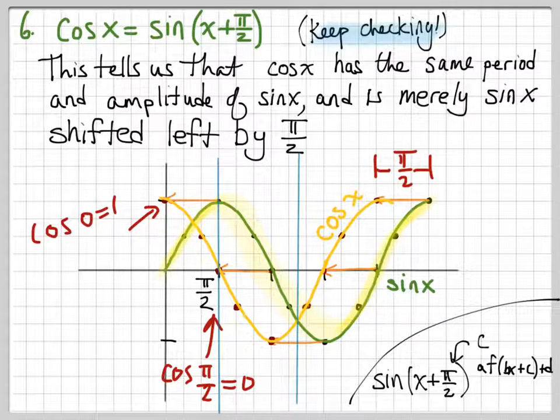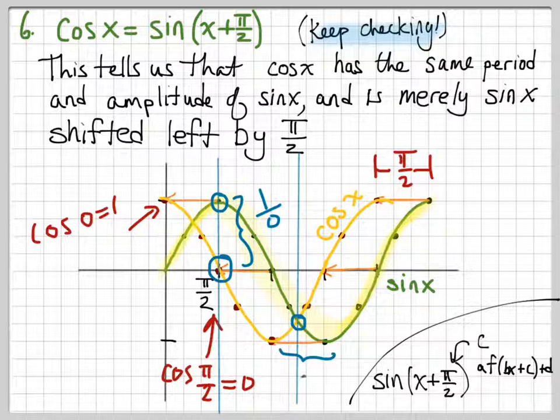What you would do is take the value of sine, which is in green, and the value of cosine, and try to divide them. Here you would take the value of sine and the value of cosine, and try to divide them. And so in this case here, you'd get 1 over 0, which is undefined. And in this case, you would get negative root 2 over 2 divided by negative root 2 over 2, and that's 1.